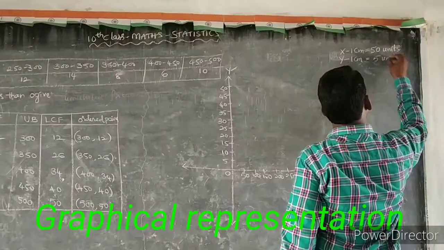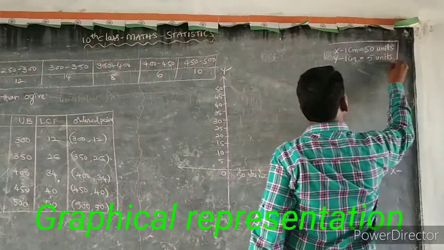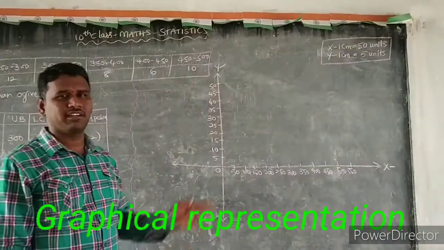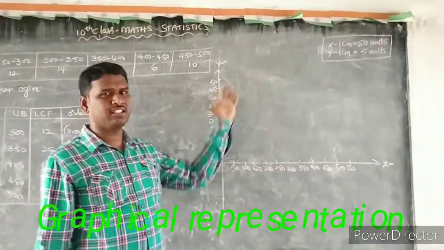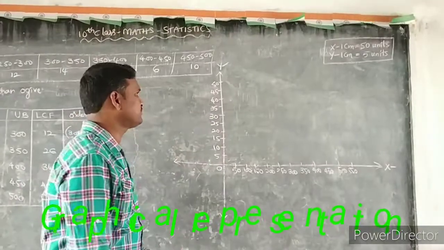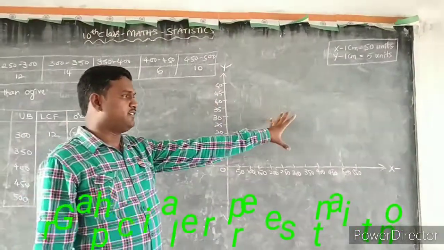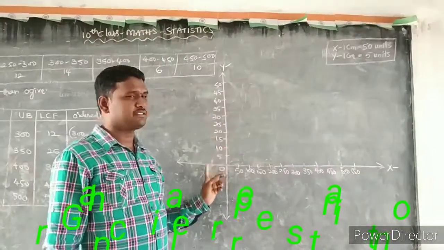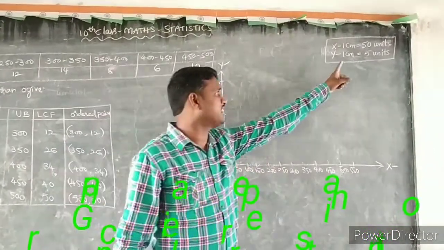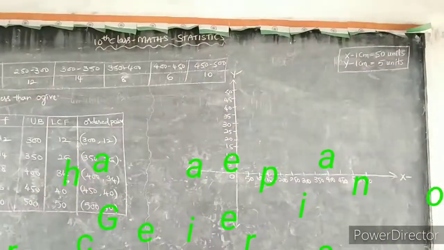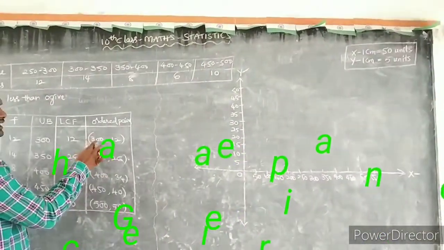Remember, on the x-axis we took 50 units. There is no rule that we need to take 50 units on the y-axis also. That is the scale. When you want to draw the graph, if you draw the x-axis and y-axis, write the scale, and you will get marks. Now let us plot these points.